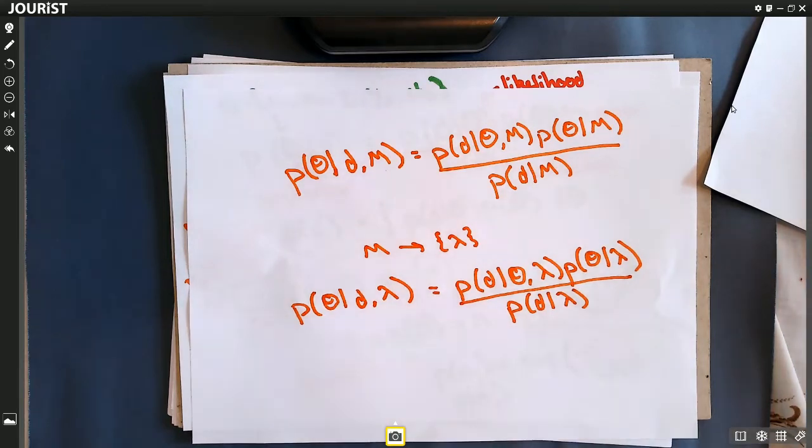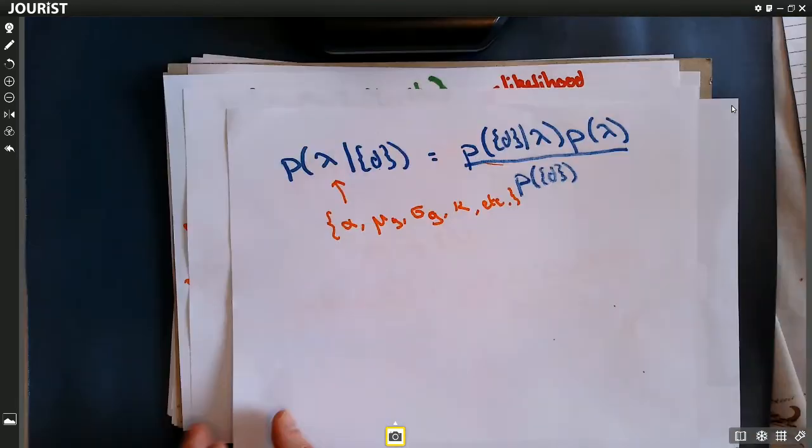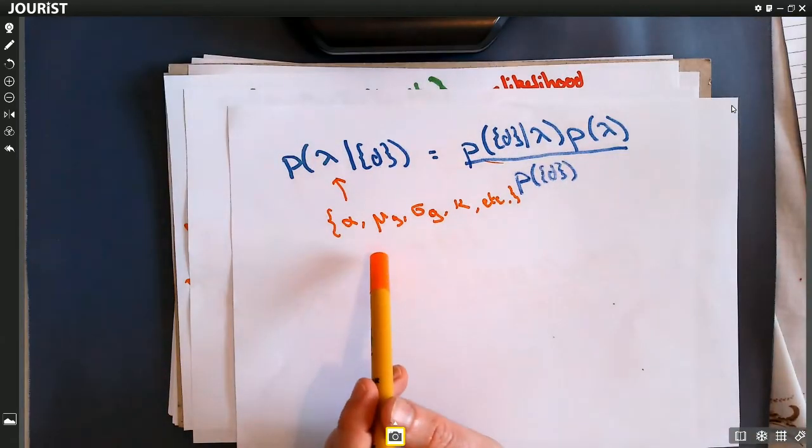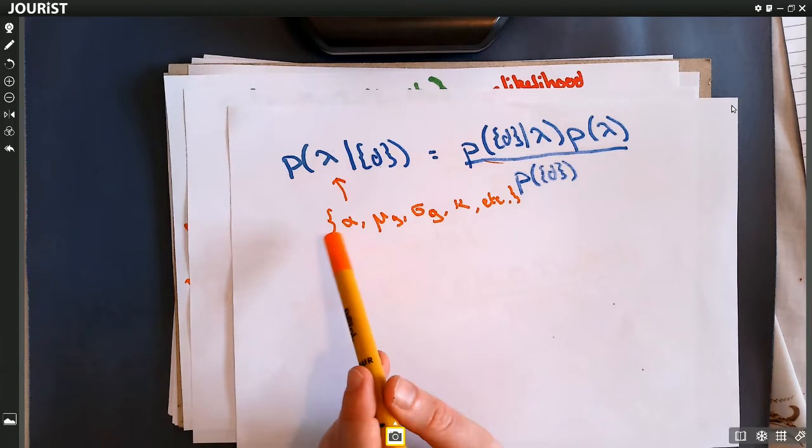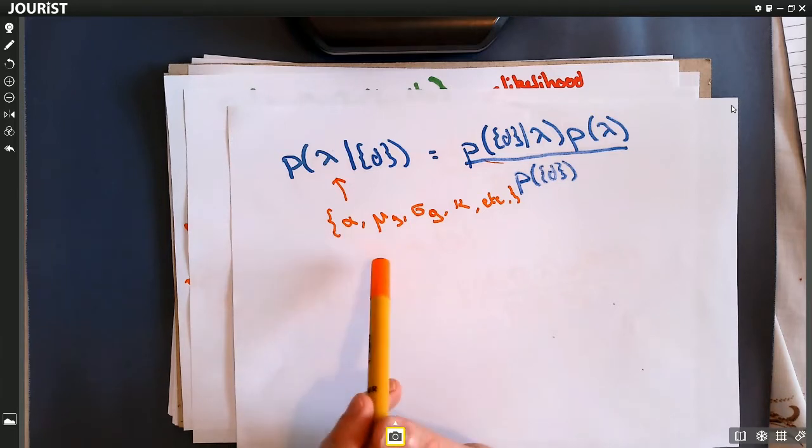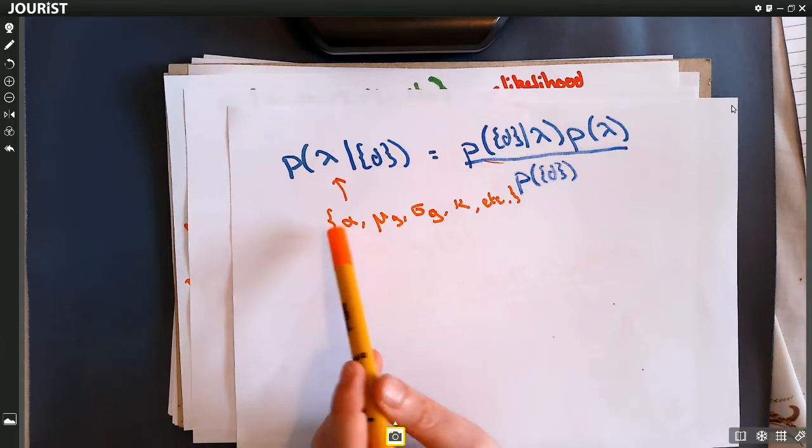Okay, so question: does the model hyperparameters set include hyperparameters for different models, or does it represent a single model choice? This is a good question. So what can we include in lambda? Potentially, we could include many different things. So here I'm going to assume for simplicity that it's fixed for one model.